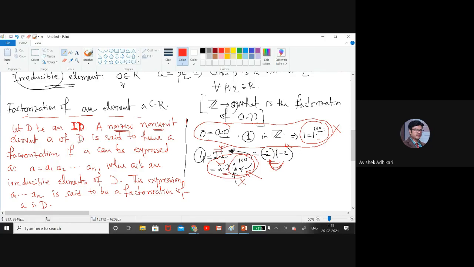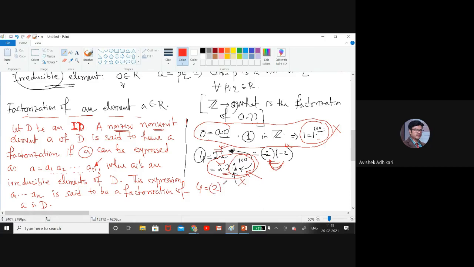A is said to have a factorization if A can be expressed as a product of irreducible elements. See here n is there, that means it should be a finite product of elements of D, and each of these elements must be irreducible elements.